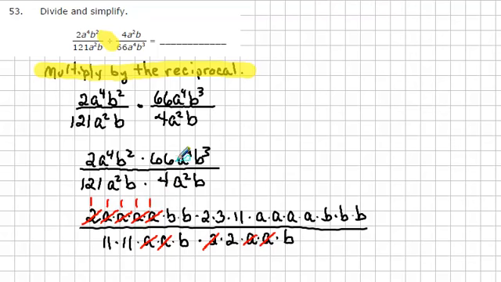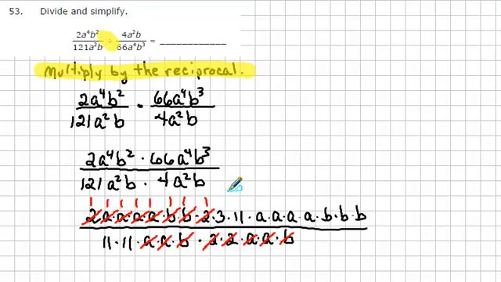And we have 2 factors of b on the bottom and a couple of factors of b on the top, so we divide out the factors of b. We have another factor of 2 that divides out.